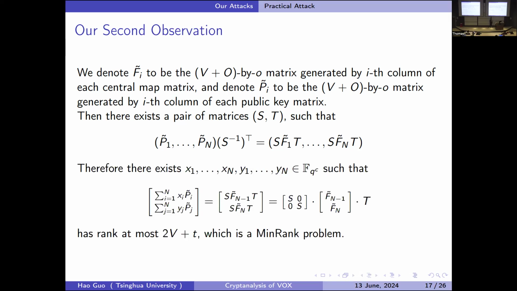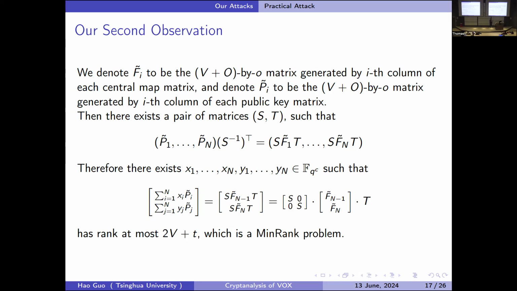This equation should be interpreted as applying the S minus inverse transpose to the coordinates of P tilde 1 to P tilde n, and making them linear combinations of these P tildes.